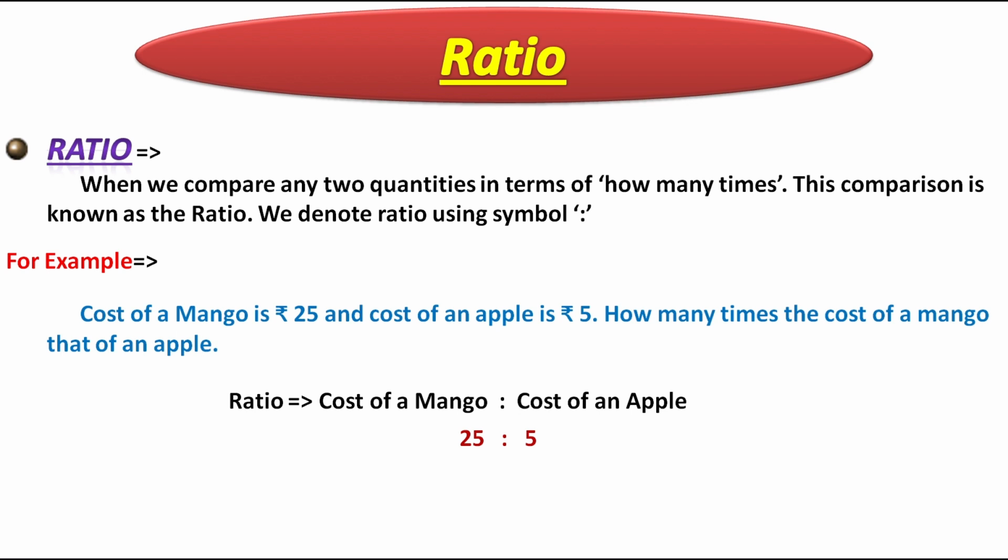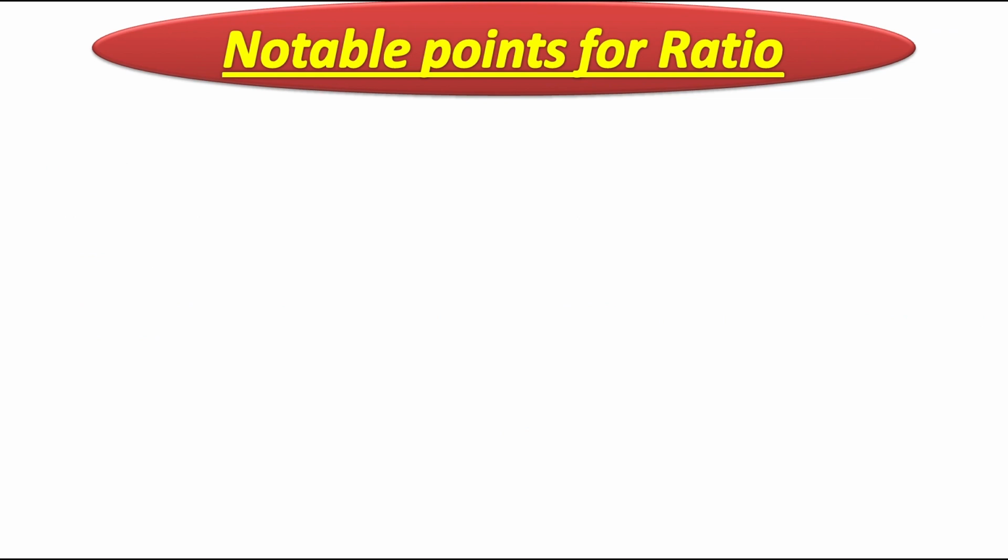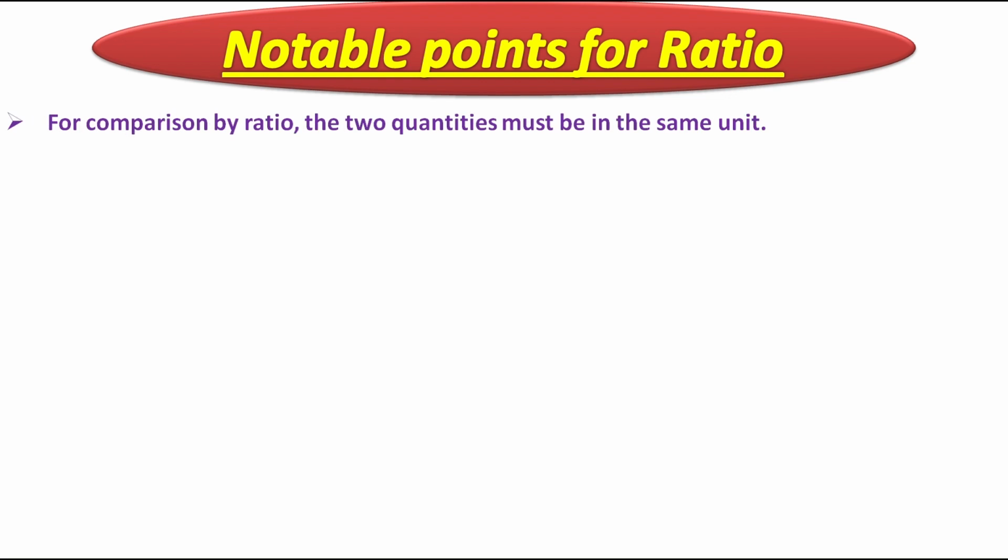Now I'll give you some notable points for ratio which you have to remember so that you will not make any mistake while solving problems regarding ratio. The first point is, for comparison by ratio, the two quantities must be in the same unit. Just now I gave you the example of mango and apple.